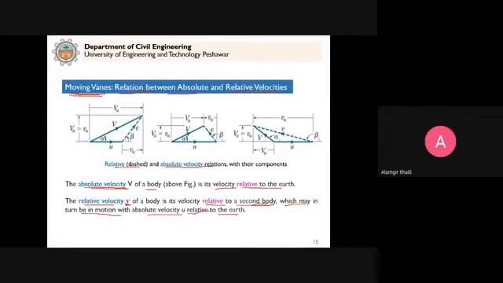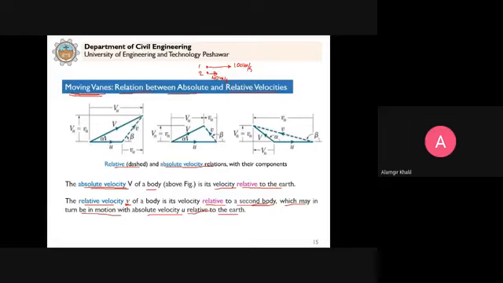Clear? So what it says is that you have a body, first body here, it moves with a velocity of 100 meter per second. We have another body, second body here. Clear? This is the second body. It moves with a velocity of, let's say, 40 meter per second.